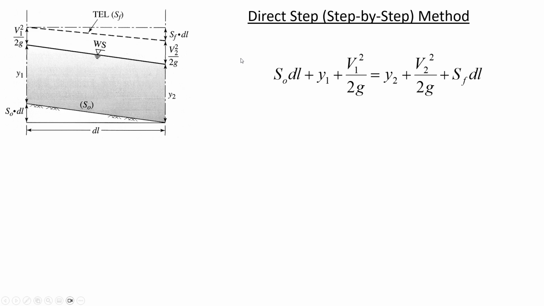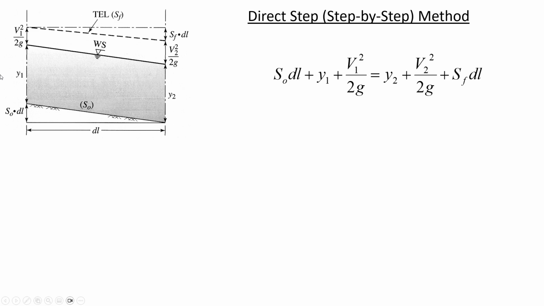We're going to use this energy comparison to find out at location 1 and location 2, basically where is the energy going. So we assume that at location 1 there's some water depth, y1. There's a water depth at location 2. There's a velocity head at both of those locations.